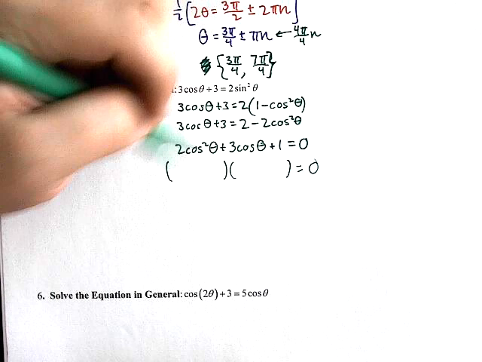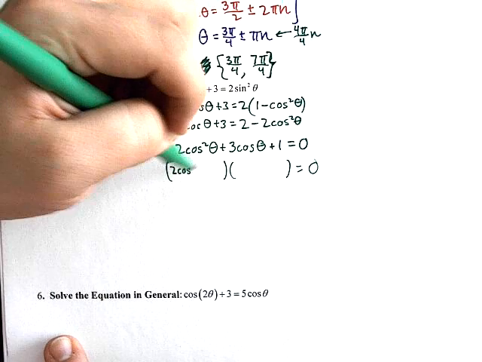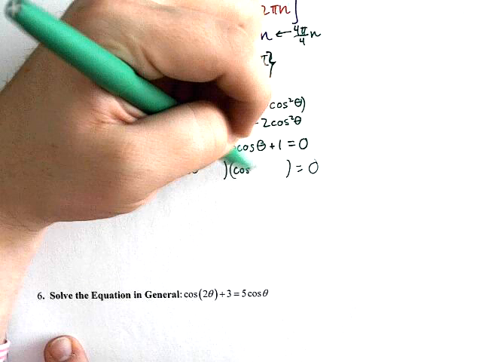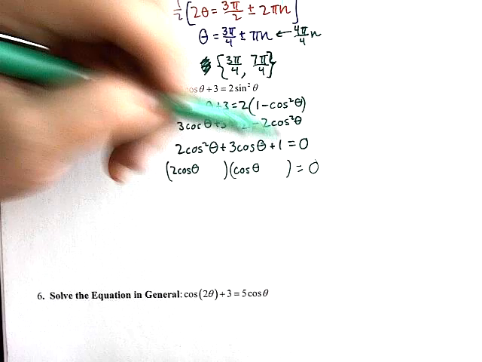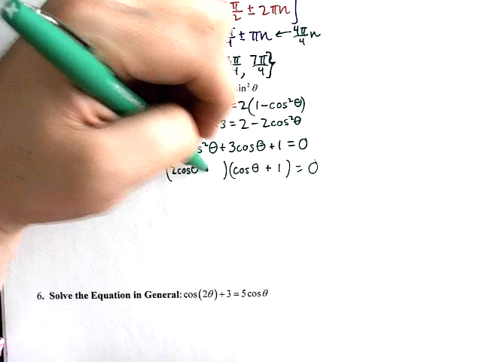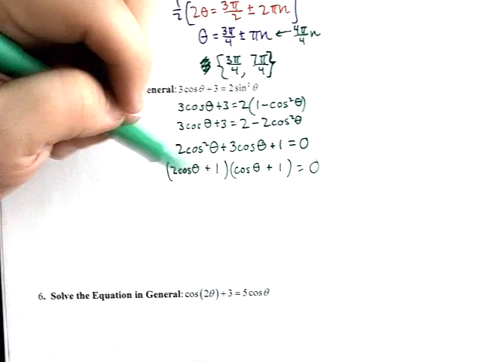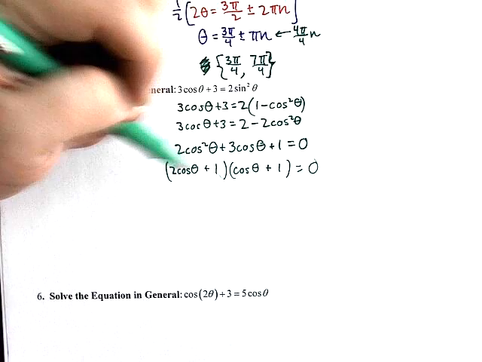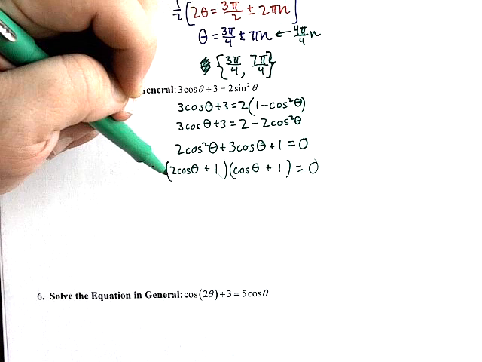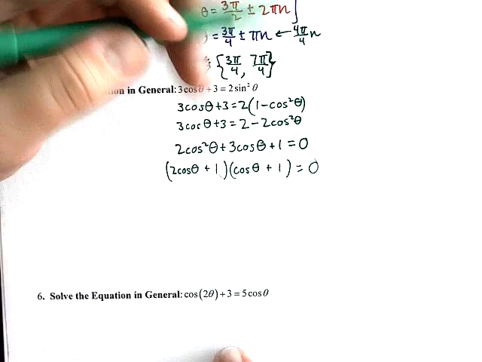If I have 2 cosine squared, then I can do 2 cosine theta and a cosine theta over here. And then I just need plus 1s. It's positive 1, so it has to be plus 1, plus 1. That should make sense, because when you do inners and outers and you add them, you get to that middle term, which is what we needed.